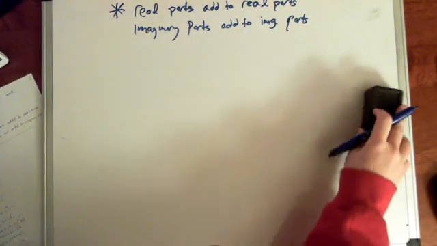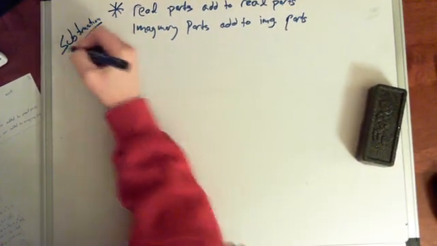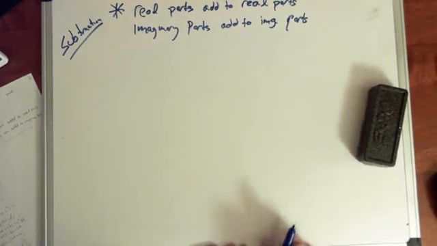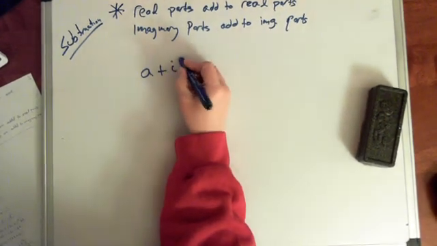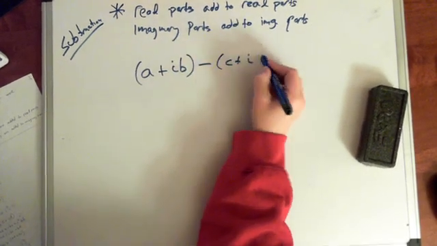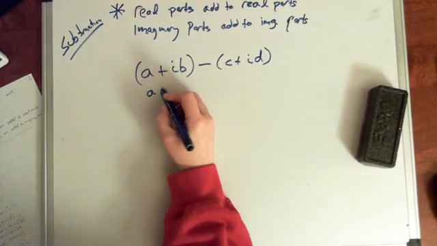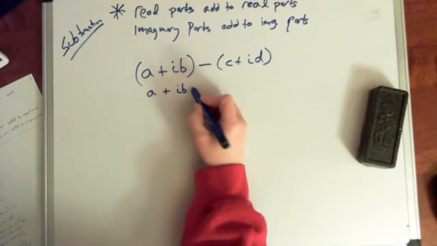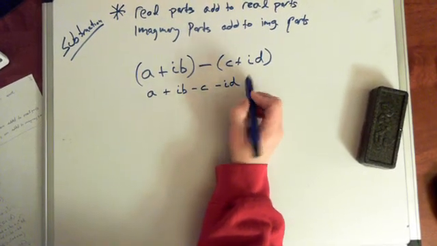Now let's look at subtraction. Make sure you can see that. So for subtraction, let's look at a plus ib minus c plus id. Again, writing this out so we can follow it step by step, we get a plus ib minus c minus id.